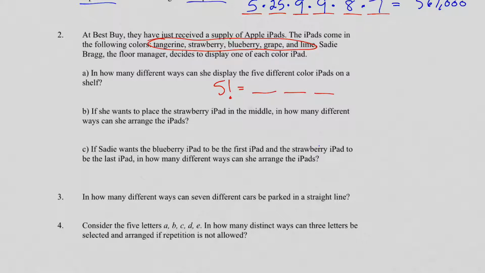Why? Because remember, she has 5 spots. The first option, she has 5. Once she chooses that, she only has 4 options left. 3 options, 2 options, and then her last spot, she can only put whatever's left over, which is 1. 1 iPad can go there after you've chosen 4. So that's the same thing as just 5 factorial.